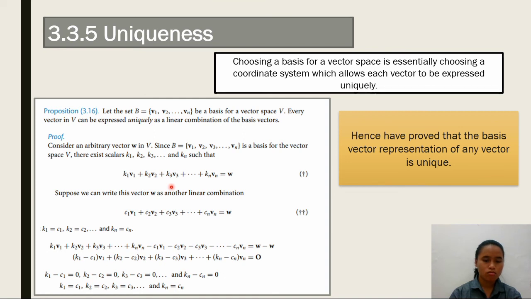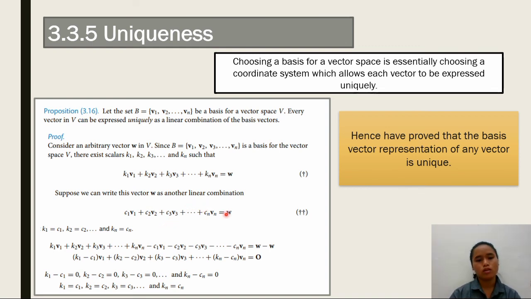Since we have a set B, there exist scalars k1 until kn such that the formula holds. Suppose we can write the vector y as another linear combination.